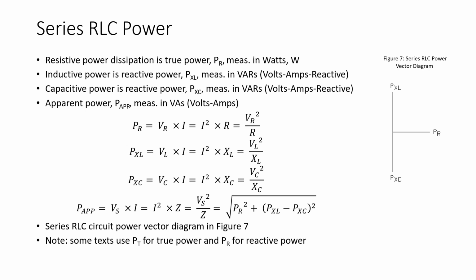Now, the apparent power can be calculated with V source times I, I squared times Z, V squared divided by Z, or the vector sum of the true power and the reactive powers. Again, some textbooks use the symbology P sub T for true power and P sub R for reactive power. So be sure you know what the symbology is when discussing the power in these RLC circuits.